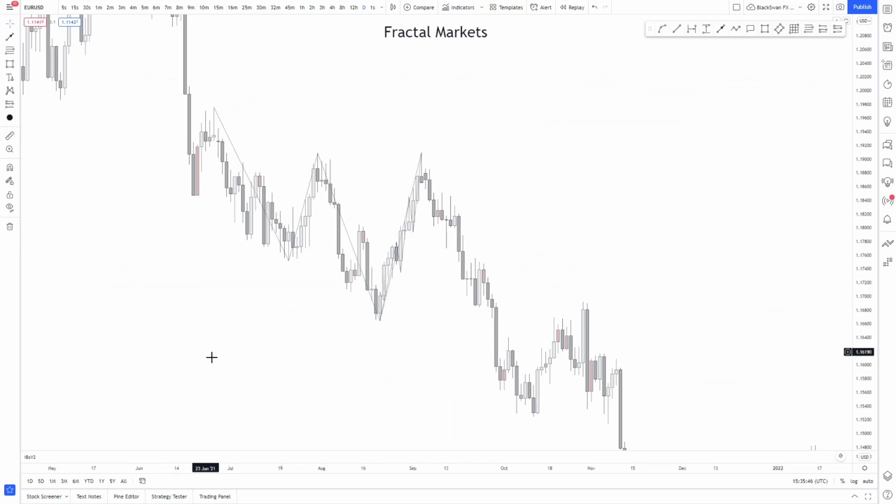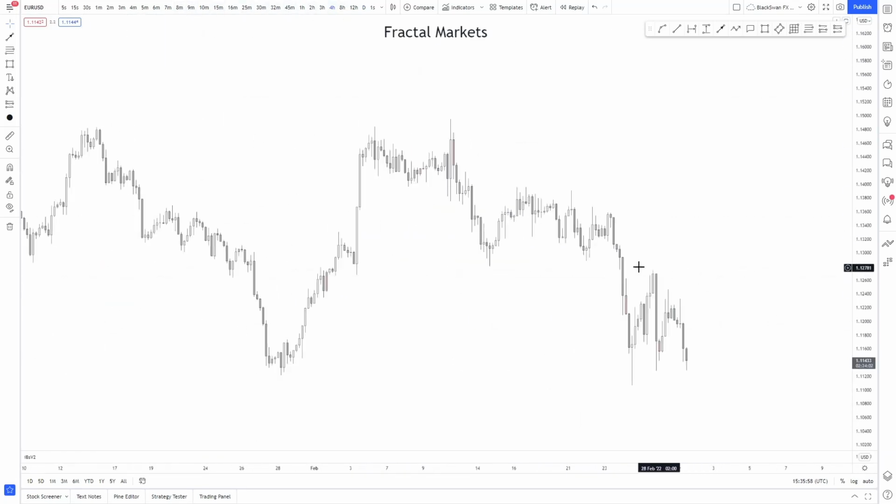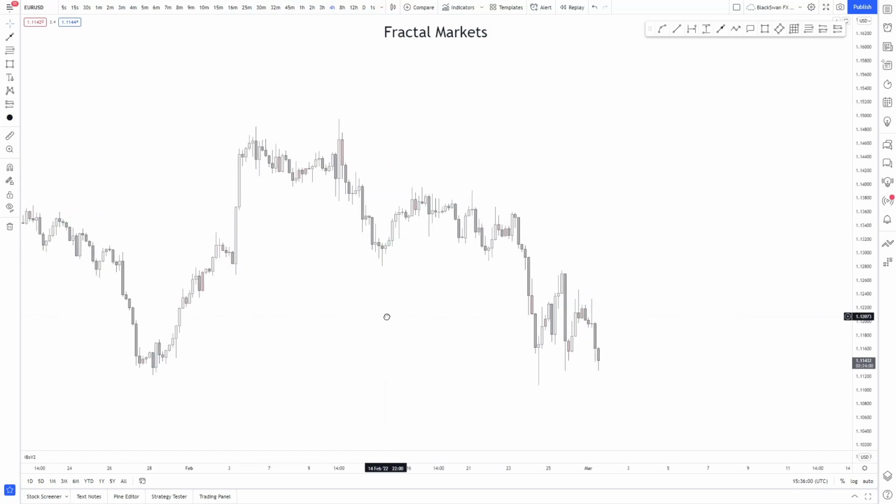Okay, if we go into the 4H, just look at a piece of structure in the 4H. What do we get? Well, we have our highs, lower lows, lower highs, lower lows, and within this leg of price here, if I just mark it out, what do we get?